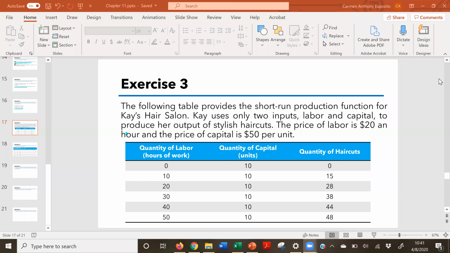So let's just dive right into the exercise. The following table provides the short-run production function for K's hair salon. K uses only two inputs, labor and capital. Well, let's look at labor and capital. And why is this the short-run production function? Well, you can see capital is fixed.